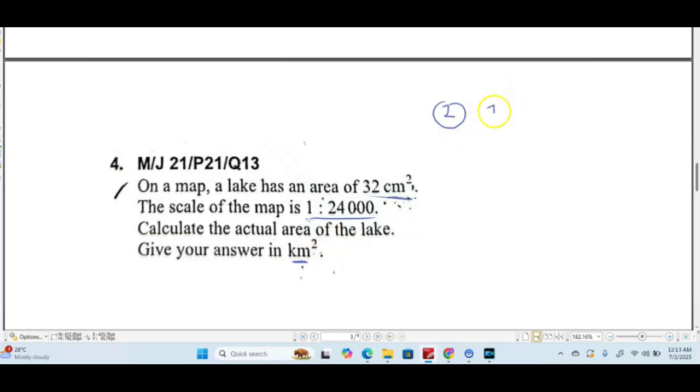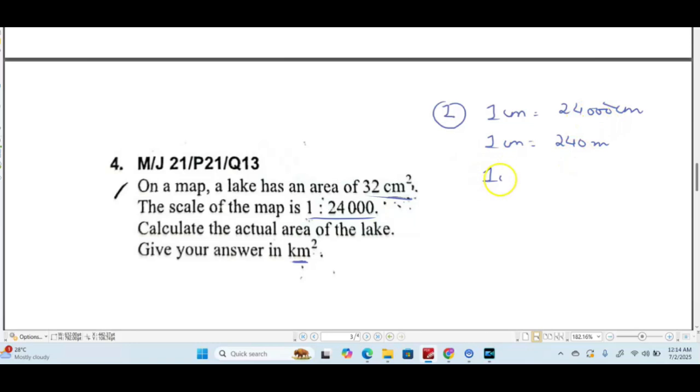So we know that according to the scale, 1 centimeter is equal to 24,000 centimeters in actuality. Okay? And 1 centimeter is equal to 240 meters in reality. You know that you've got to divide 24,000 by 100 to get 240 meters.